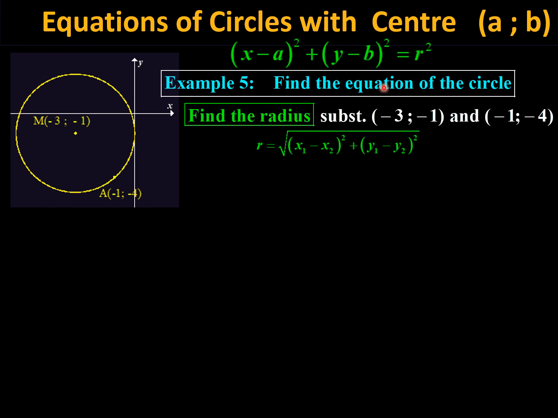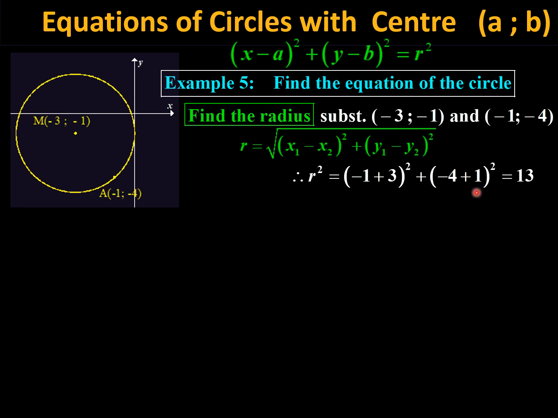The length there, we can just use the distance formula. If I apply the distance formula, which should be very basic, -1 subtract -3, -4 subtract -1, you square them. So instead of r, we can just work out r squared, because the formula needs r squared. And that's 13, so although r squared is 13, the radius is actually square root of 13, right?